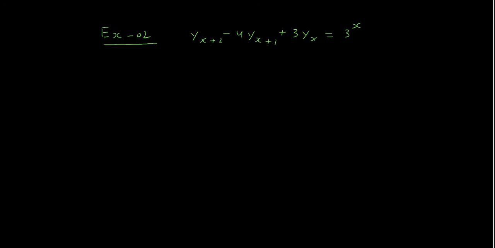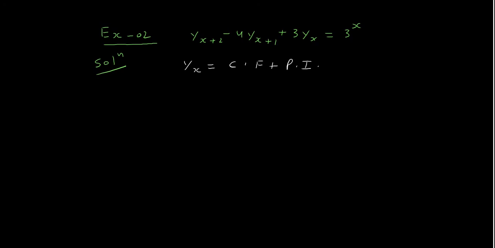So what is the solution of this one? If we try to find the solution of this difference equation, again, what is the solution? Yx equals complementary function plus particular integral.